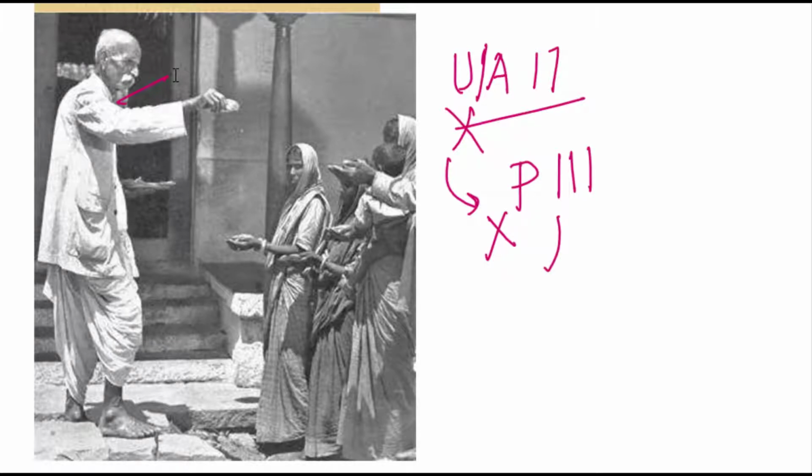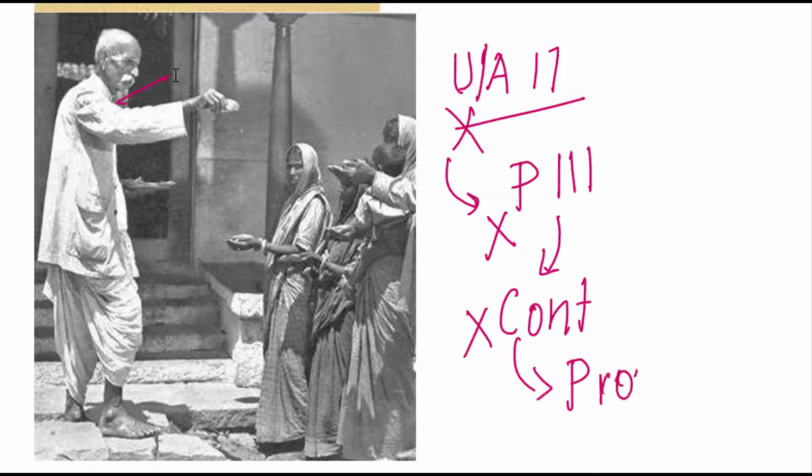Now, Part 3 is the content of our constitution. So this person is also violating the content, and content is what we mean by the provisions. So the person is violating the provision.